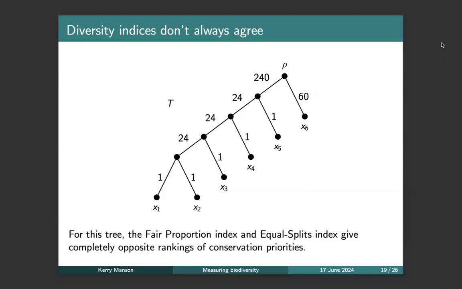Equal splits is saying that we must prioritize X5 over X4, I think over X6, 3, 2, 1, and fair proportion is saying no, X1 and X2 is best or the most unique, and then X3 and then down to X5 is actually the least important here.